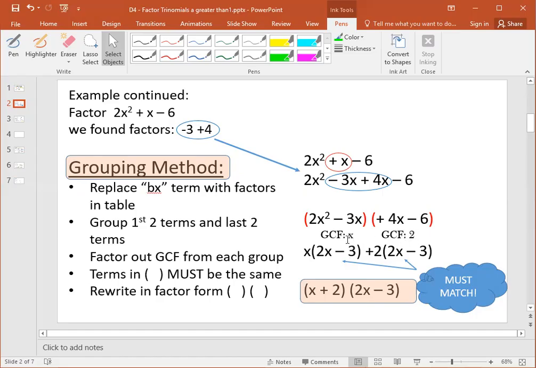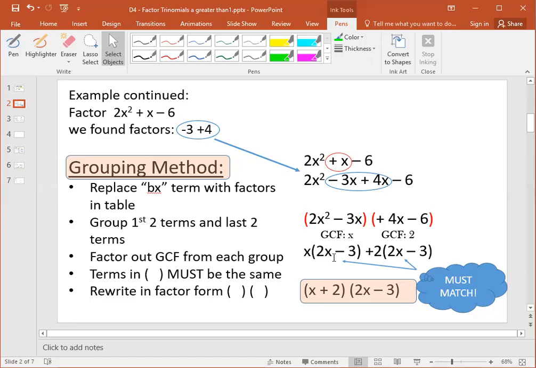So you can see that I took the x and I placed it out front. Okay, and then I need to come up with what's remaining. So from 2x squared, if I divide by an x, I get 2x. Or in other words, x times what gives me 2x squared? X times 2x gives me 2x squared. Same thing here. X times what gives me negative 3x?